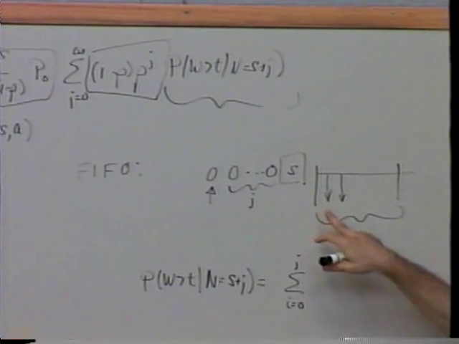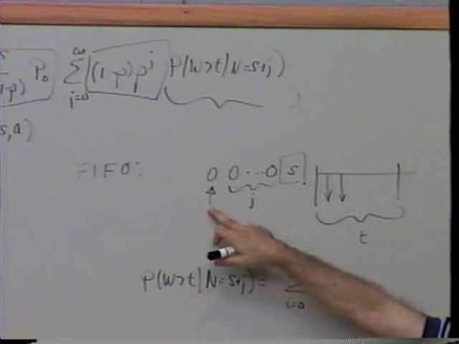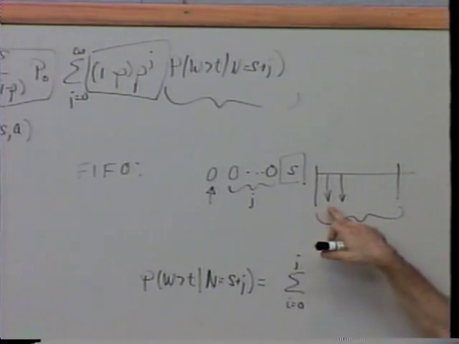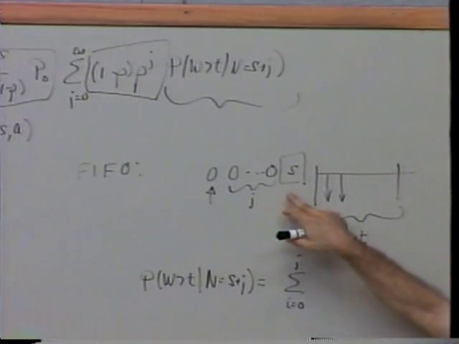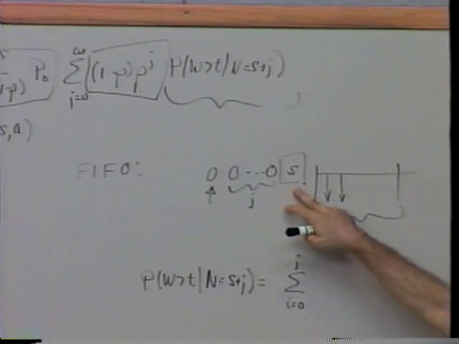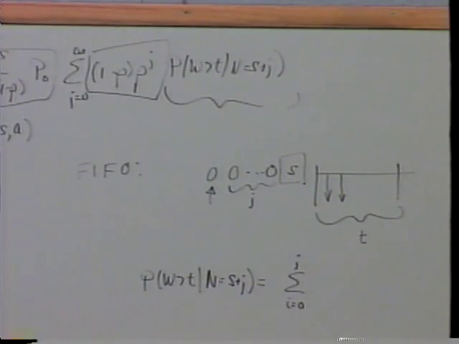Okay, now let's take a look at the time from when the test customer arrives until the first departure. How long is that? Well, when he arrives, he finds a bunch of guys in service. There are S guys in service, and the length of time remaining in service for each of those guys is the same. It's exponential, they're independent, and the average value is tau.